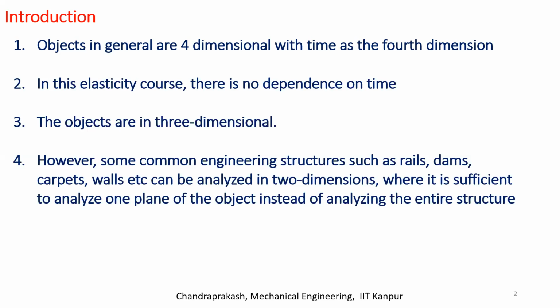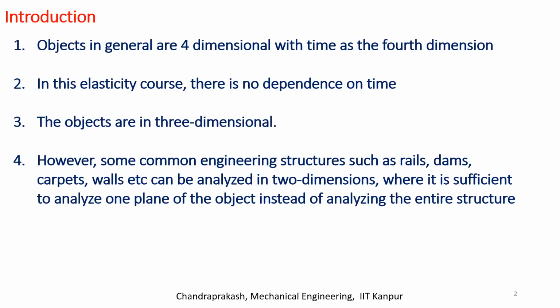Except in those regions, the loading and deformation will be the same. Similarly with a dam, there is water on one side and no water on the other side. You can walk along the length of the dam and you will realize that at every cross section, on the left and right sides, top and bottom, the boundary conditions are the same, whether you are at one end of the dam, in the middle, or towards the other end.